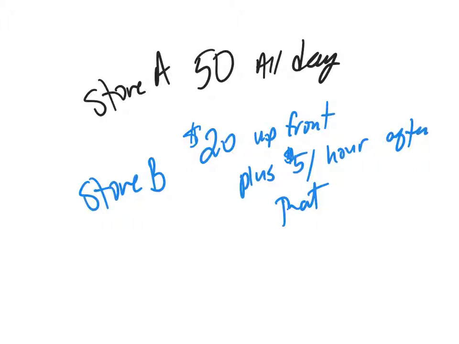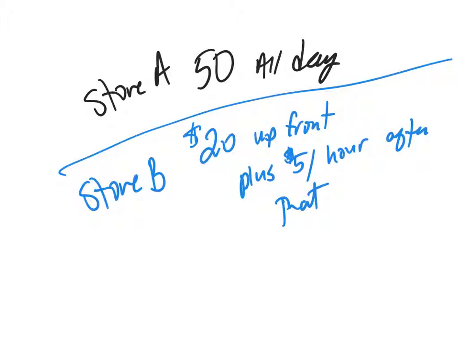There's some magical number of hours where it's going to cost $50 either way. Know what I mean? Store B, there'd be a magical number of hours where it'd be the same price. So write an equation for the black one, write an equation for the blue one, and then solve the system of equations.